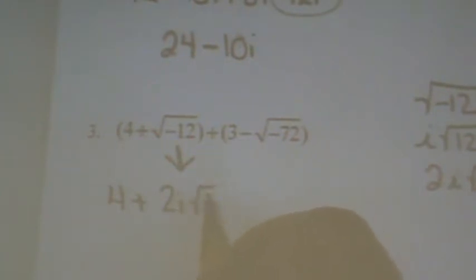Next one. You want to convert the square root of -12. So it's i root 12. And you're going to pull a 2 out, so it's 2i root 3. So this, you get 4 plus 2i root 3, plus, you're not multiplying, plus 3 minus, now this, you should clean this up, you get minus 6i root 2.